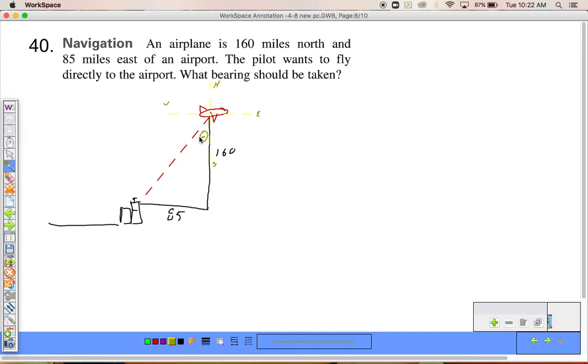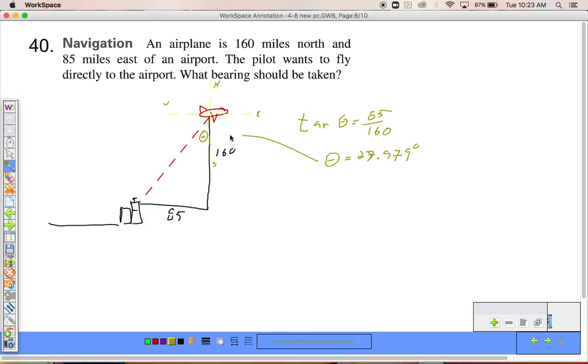So to find theta, I have opposite and adjacent. Go to my calculator, do the inverse tangent, and get 27.979 degrees.